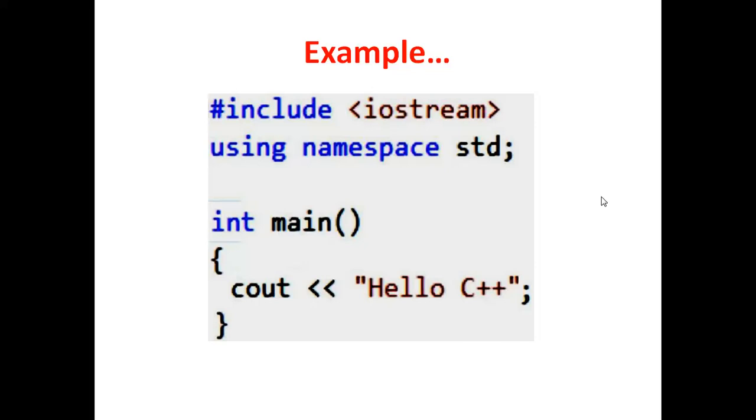Therefore, we have written int main. Then cout. The cout displays whatever we write in double inverted commas directly on the display console, output console, we can say. For that, we use cout. So here the program output will be hello C++.